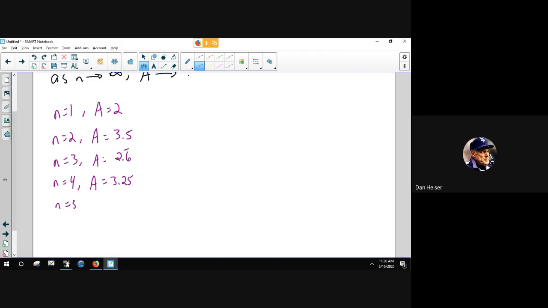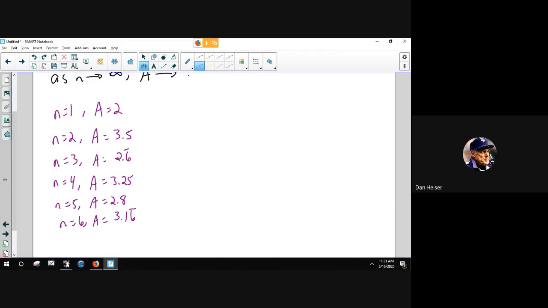n equals 5. We get -1/5, which is -0.2. n equals 6. We get positive 1/6, which is 0.16 repeating.